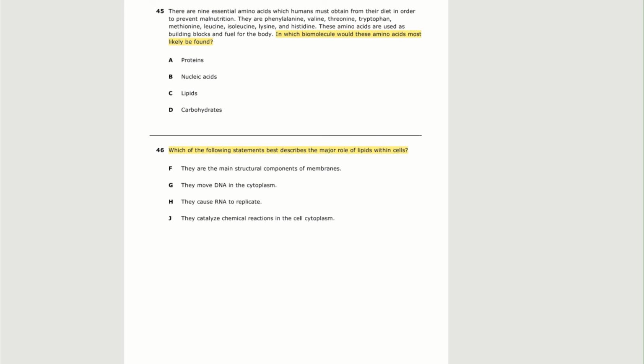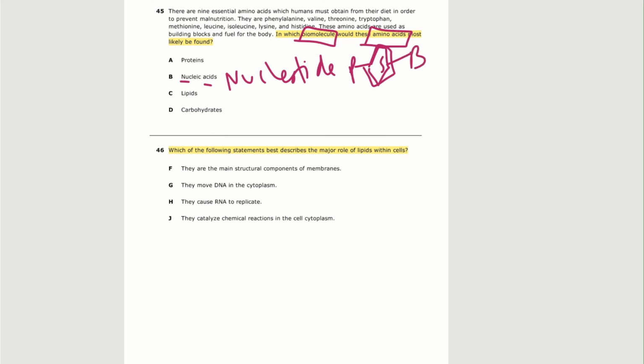In which biomolecules again, would these amino acids most likely be found? So, what is in nucleic acid? Nucleotide. Phosphate, sugar, base.